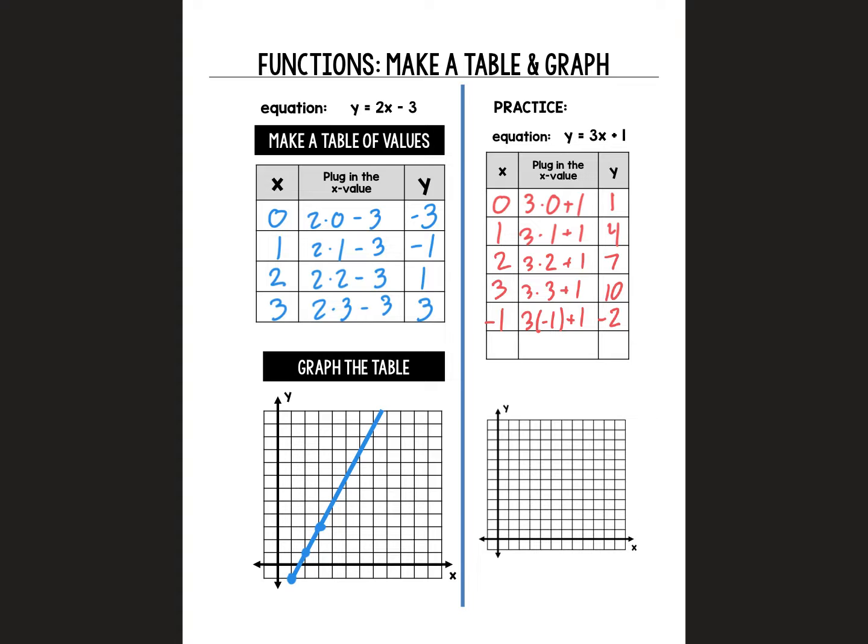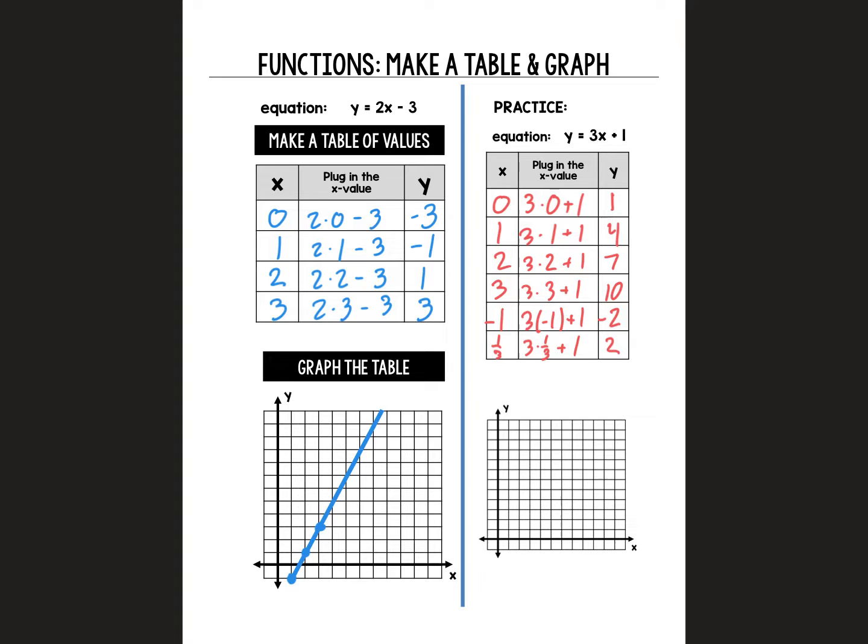Well, if we wanted to plug in 1/3, then 3 times 1/3 is 1, plus 1 is 2. So you can do that as well. Just pick numbers that will make it easier on you.